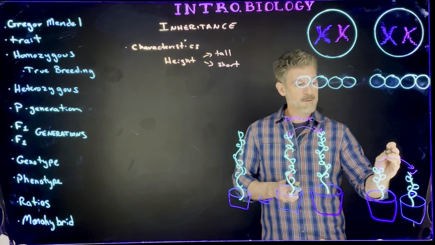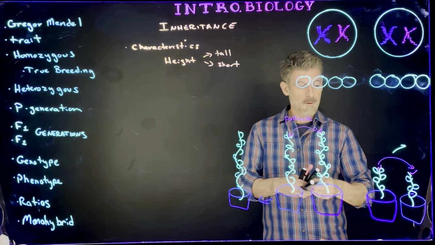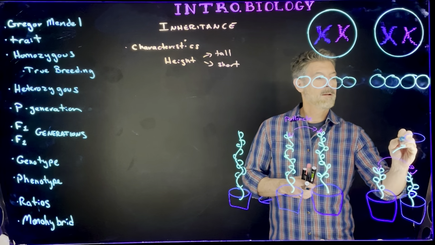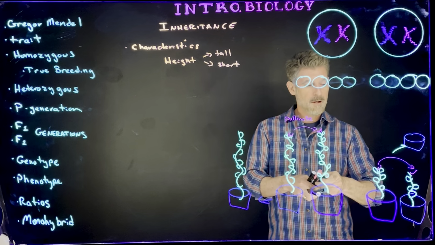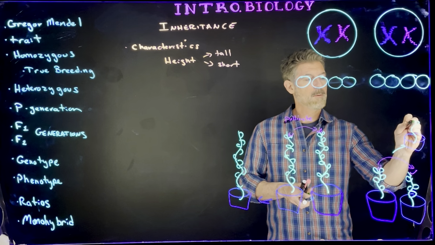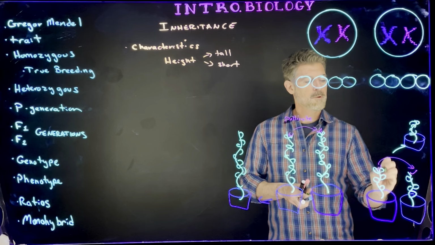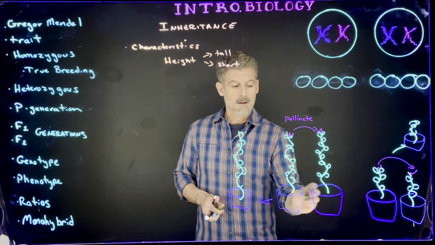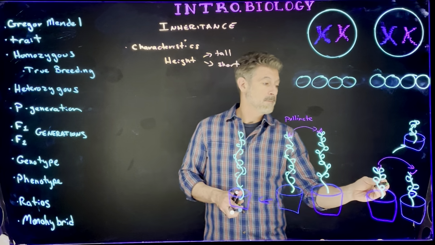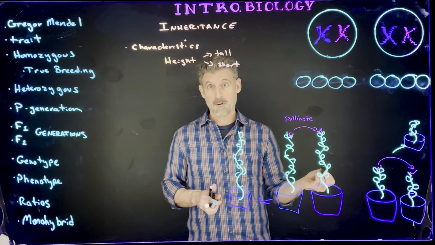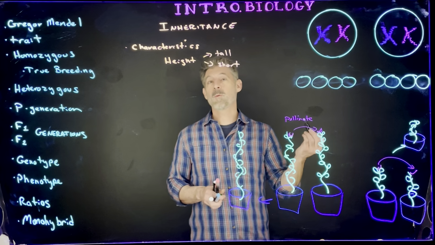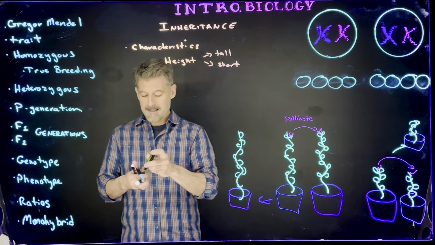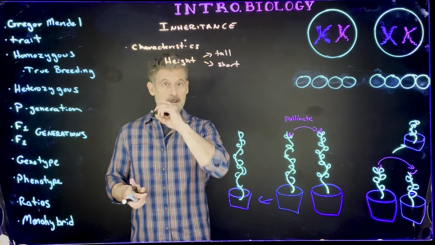He would plant those seeds and grow them up, and what he saw was another group of short plants. So tall plus tall equaled tall. Short plus short equaled short. And he did this repeatedly, again and again. He also did this with other characteristics or traits.